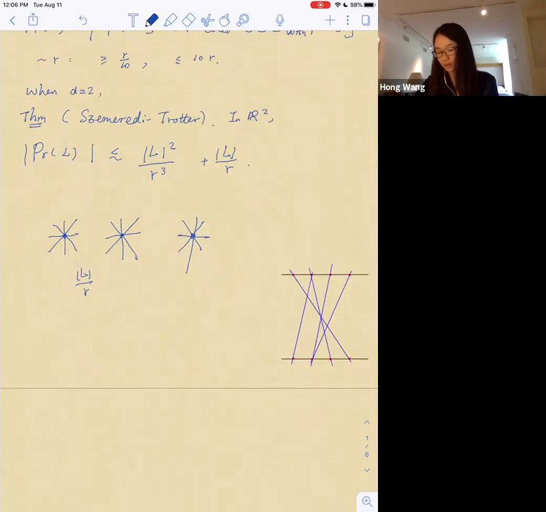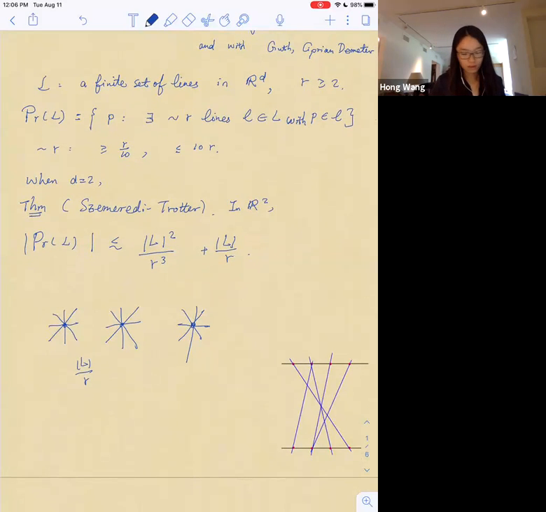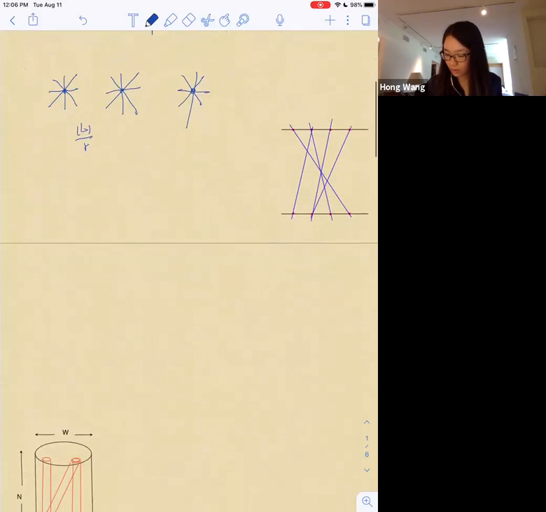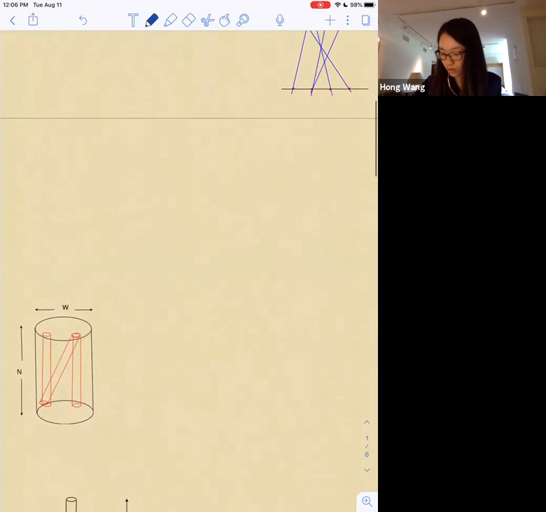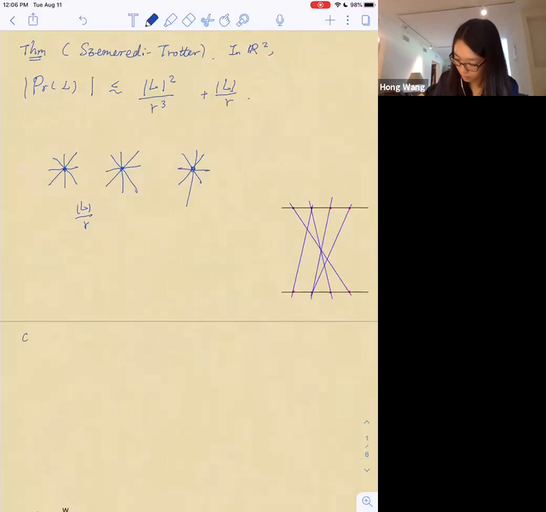So here is some literature in the combinatoric setting of the incidence problem. Now we are going to discuss a continuous version of this incidence problem.